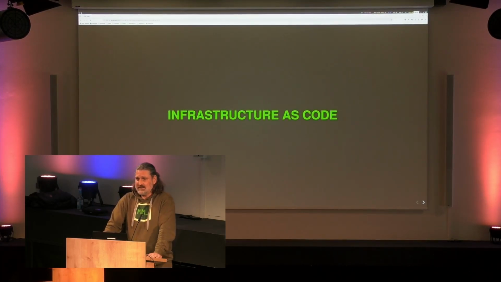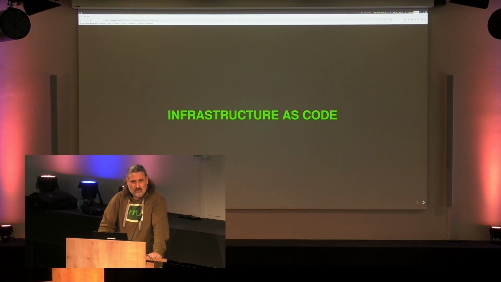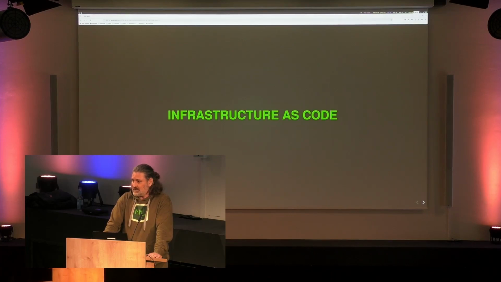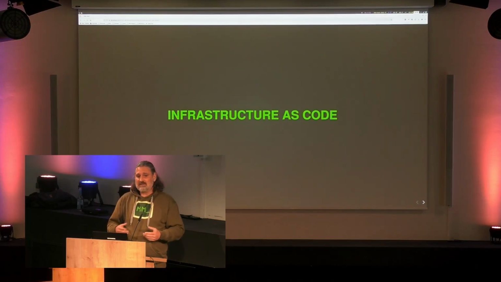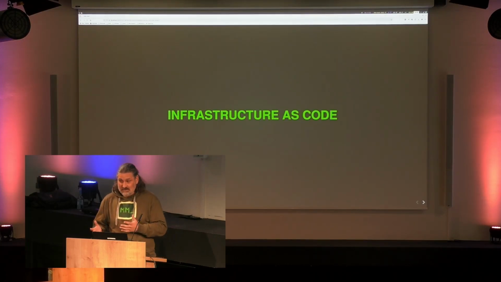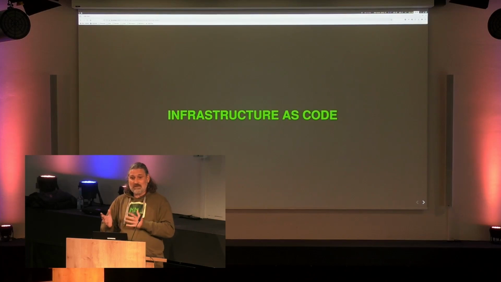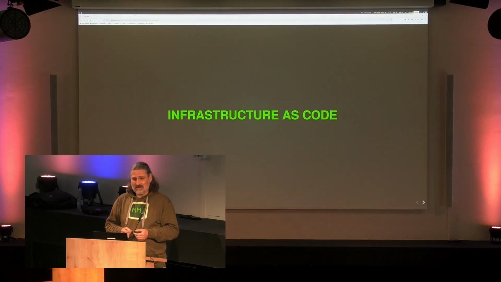Infrastructure as code gets interesting once you don't want to manually configure servers anymore. So if your number of servers keeps growing and you don't want to manually SSH into them and install packages, write configuration files, try to keep those configuration files somewhat coherent and in sync, then at one point, you'll probably have the idea, well, we need to centralize these things. We need to find a way to have central configuration.